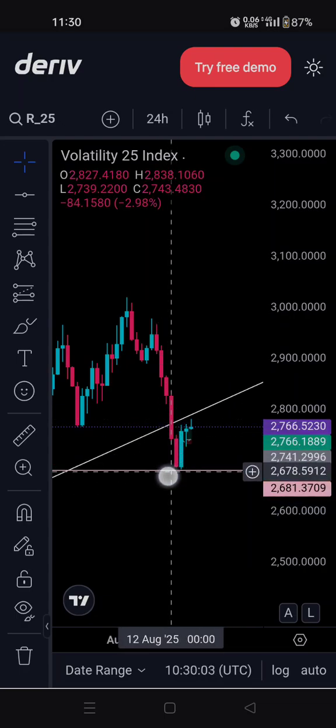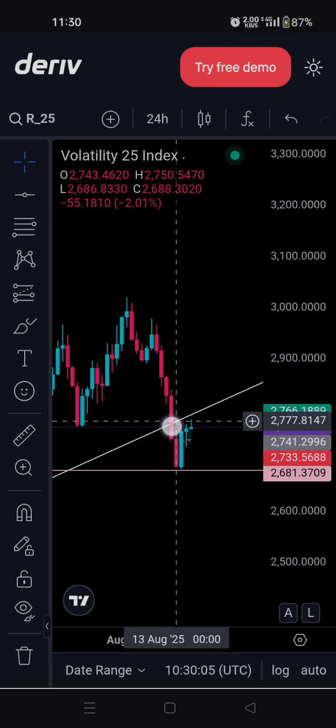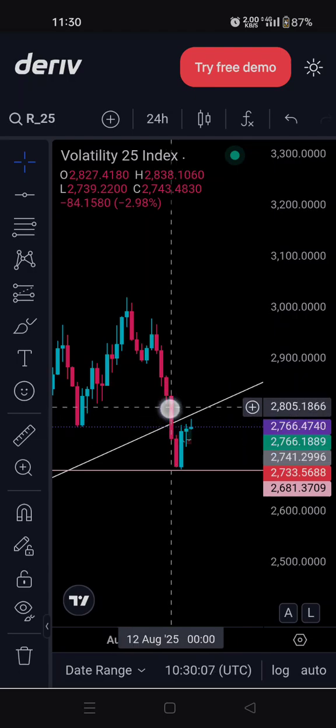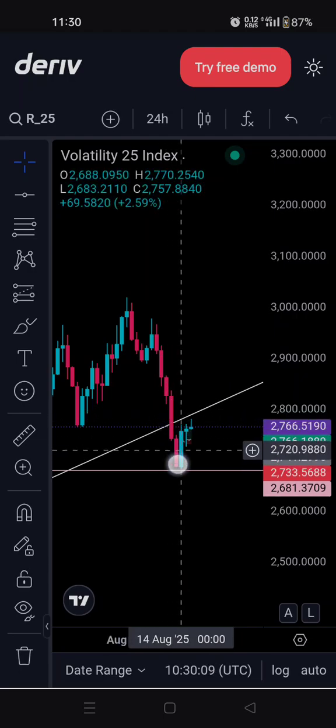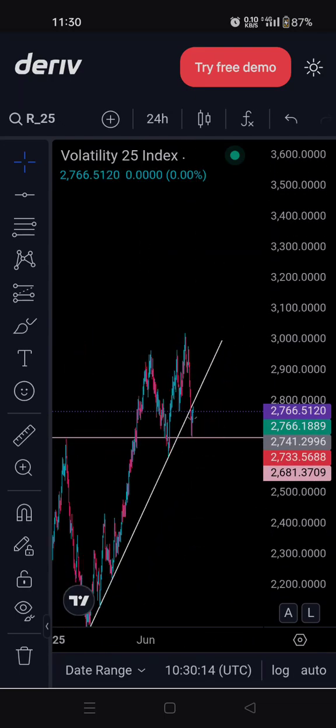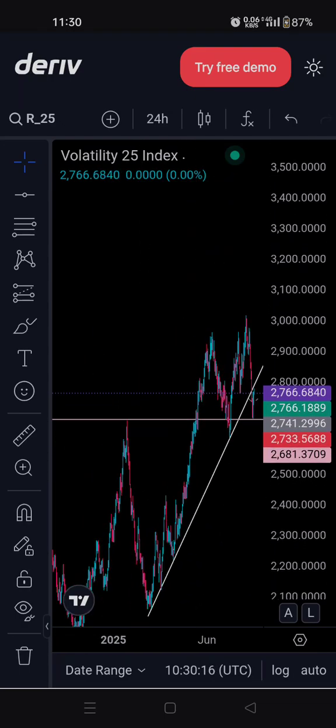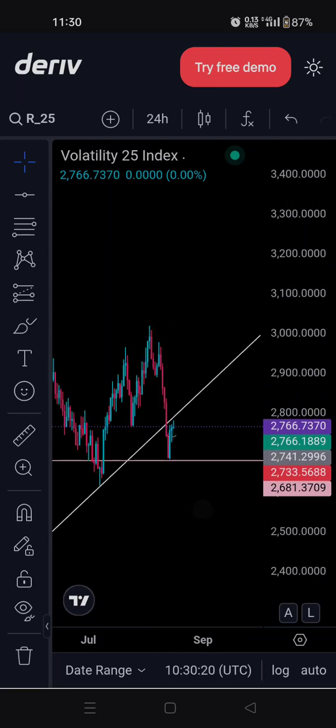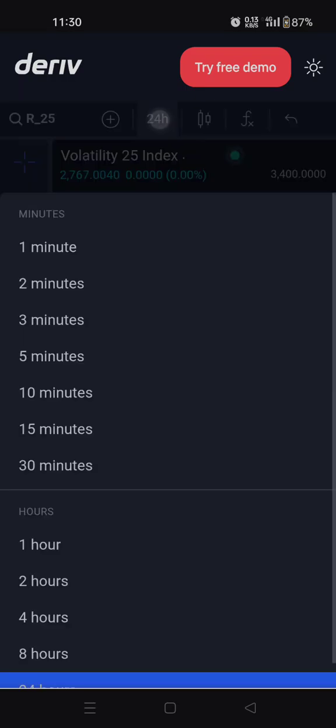It broke out and closed below that, signaling more sell, and of course the sell continued and then came down to this support level. This used to be a resistance, so it came down to this resistance, turned support, and what happened? It held. So that's what we see on the higher time frame.